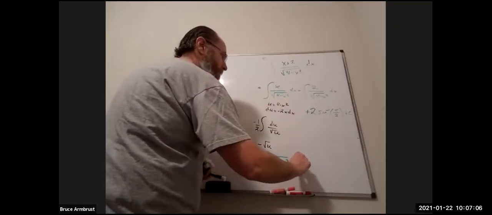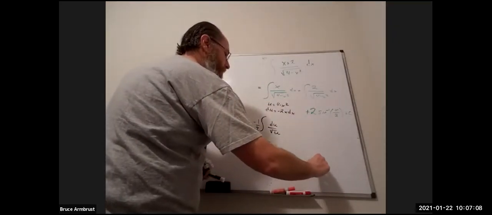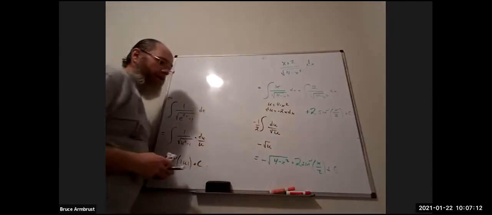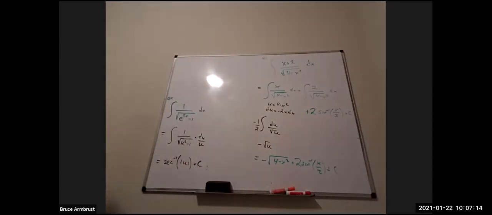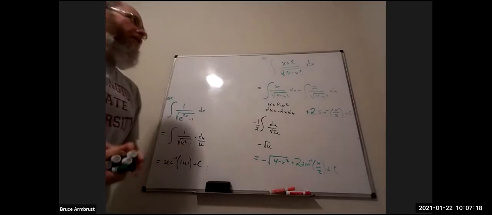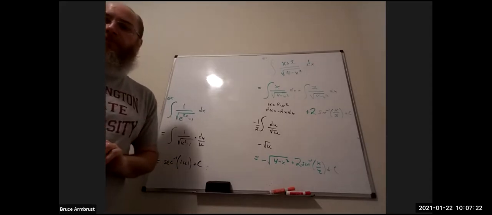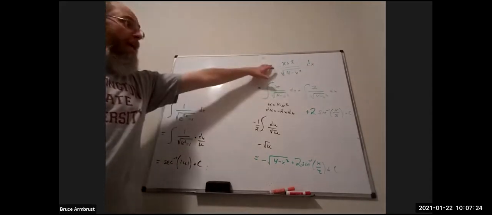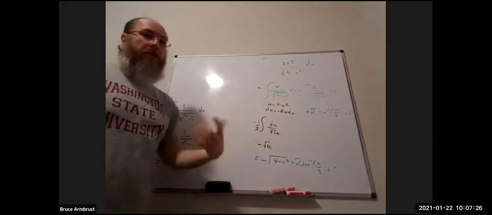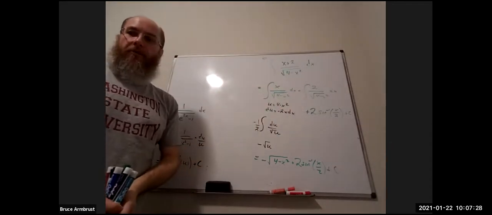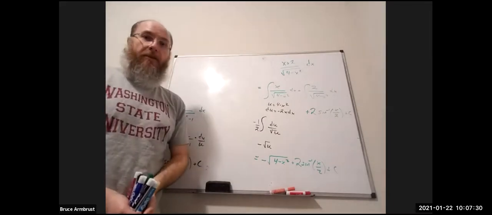The other piece was 2 sine inverse of x over 2 plus C. And so there is the antiderivative of x plus 2 over square root of 4 minus x squared. So it actually led to inverse trig, but we also needed our previous method as well.